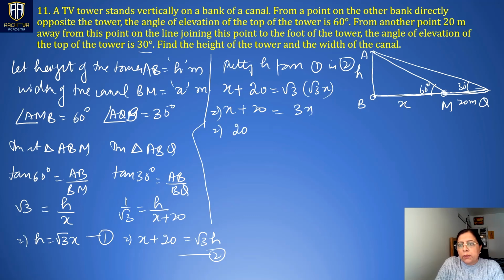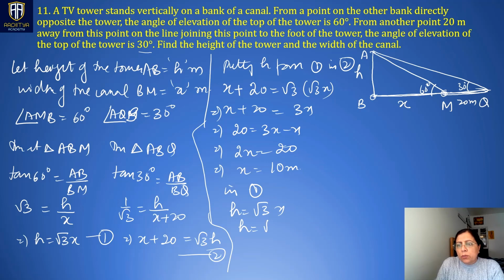So we have 20 is equal to 3X minus X, that is 2X is equal to 20. So X becomes 10 meters. So width of this canal BM is 10 meters. Then we have in equation 1, H is root 3 X.